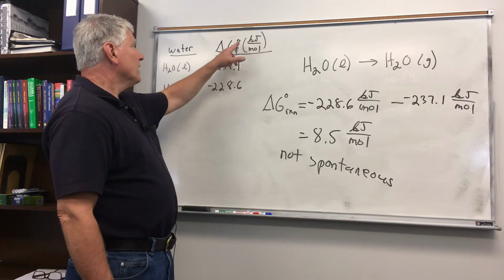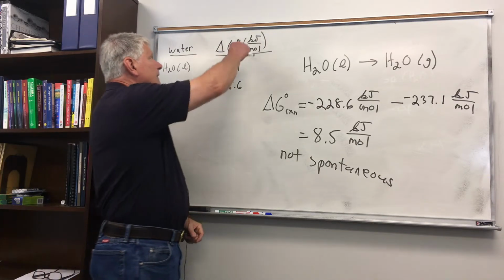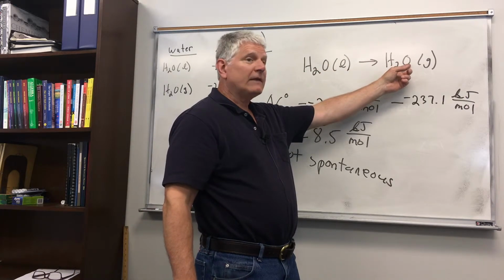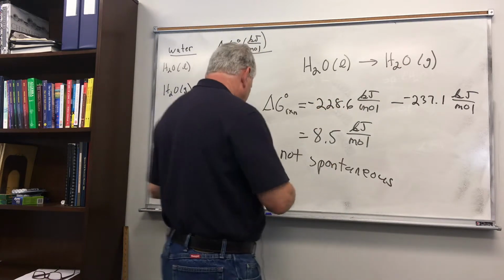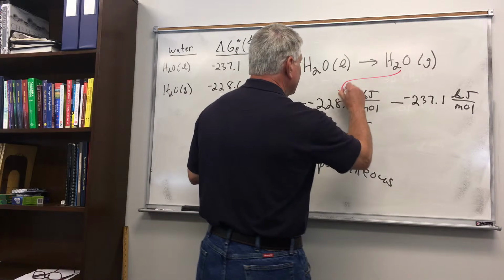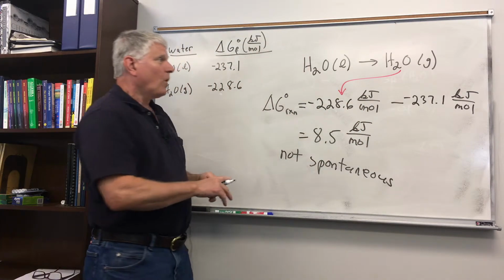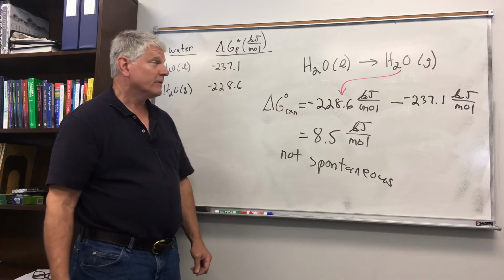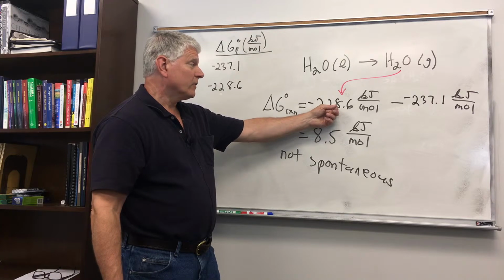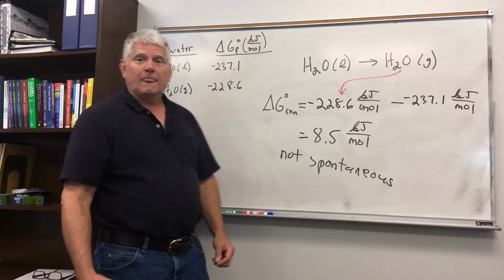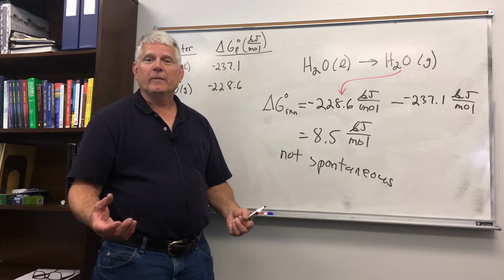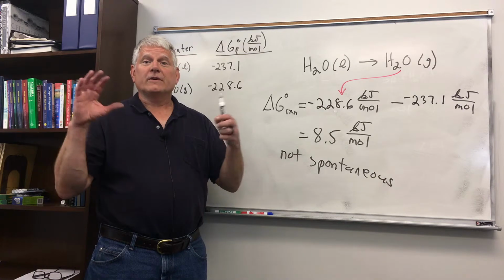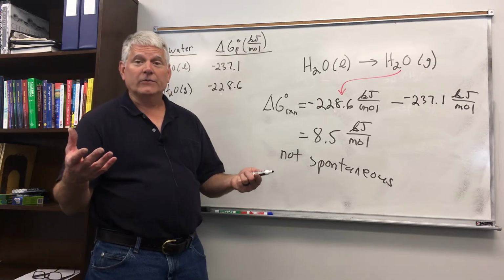We went to a table and we got delta G formation, and this is standard state, 1 atmosphere pressure. So the value we used for water in the gas phase is for water gas at 1 atmosphere pressure. So when we are in our room and we put a glass out on the counter and leave it, the water pressure in our house is not 1 atmosphere.